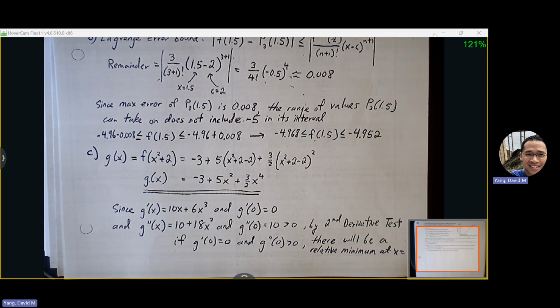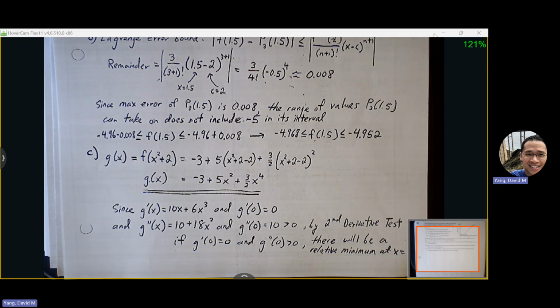If we do negative 4.96 plus 0.008 and negative 4.96 minus 0.008, we still end up with values that are less than -5. Or sorry, that's not including -5. So we know -5 is not within range of the exact value.